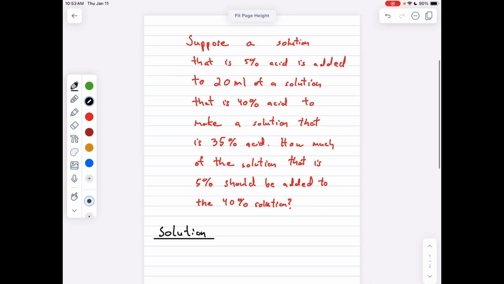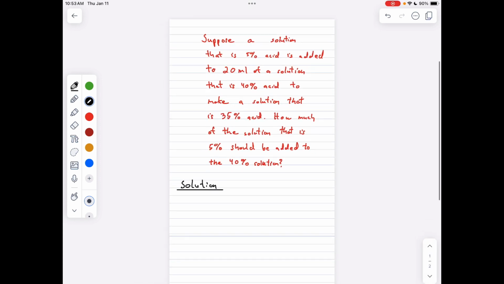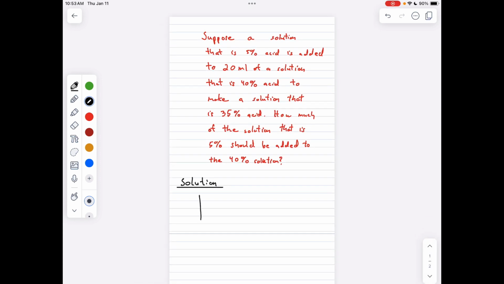All right, so let me do a little drawing here. The drawing is not necessary at all, but sometimes it does help us to see what's going on. So let's say you have this solution that is 5% acid.